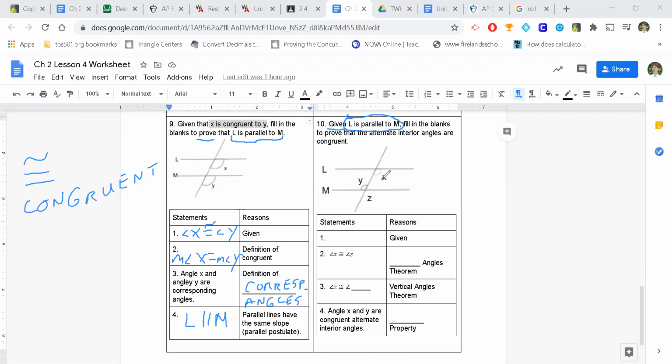Are they corresponding, alternate interior, alternate exterior, or consecutive? Corresponding. So corresponding goes right here. The corresponding angles theorem tells us that if our lines are parallel, then the corresponding angles are congruent.